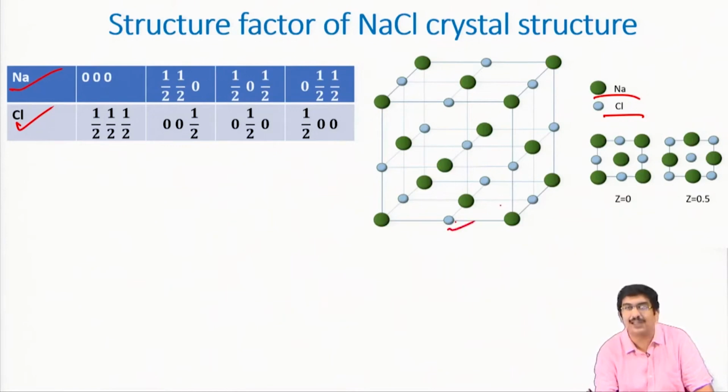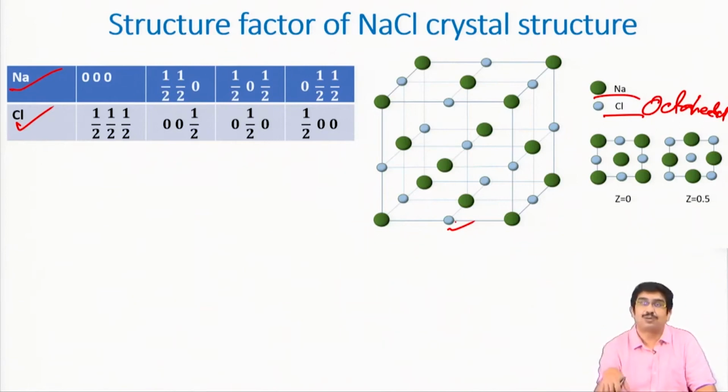Chlorine lives in the position of octahedral voids, and if we join the chlorine atoms, we can construct another FCC lattice. Of course, we need some other unit cells on the sides, then we can construct an FCC unit cell of chlorine itself, and in that case sodium will be in the octahedral void positions.